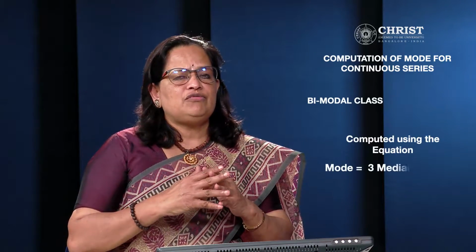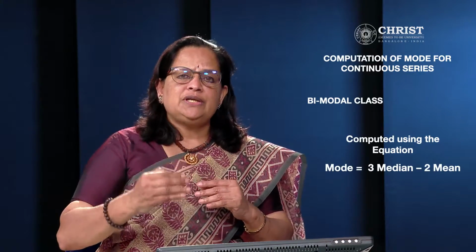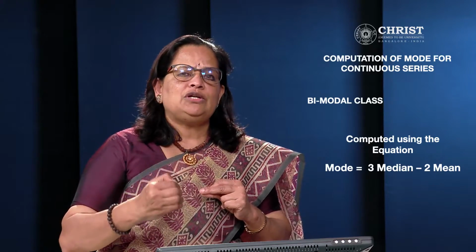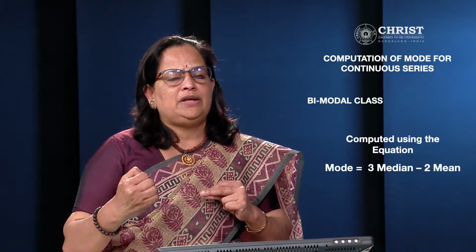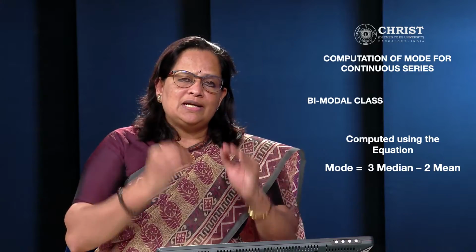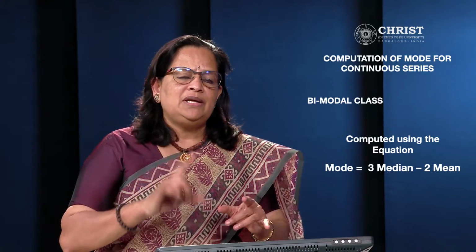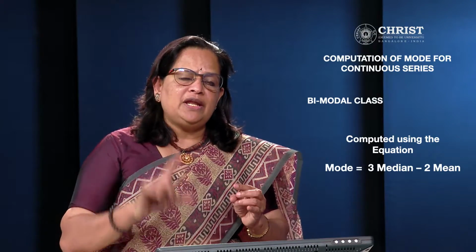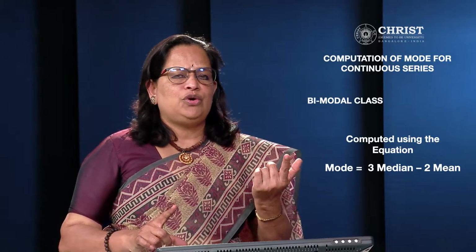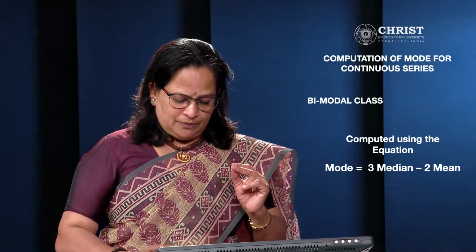We are using a different formula: mode is equal to 3 median minus 2 mean. So if you find the class is bimodal when you prepare the grouping table and analysis table, then you have to find the values of median and mean to compute the value of mode. So this is a different computation.